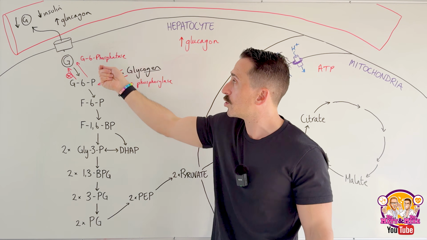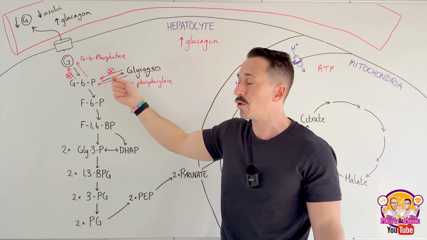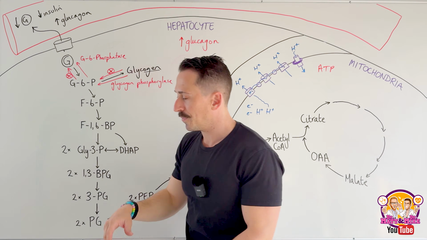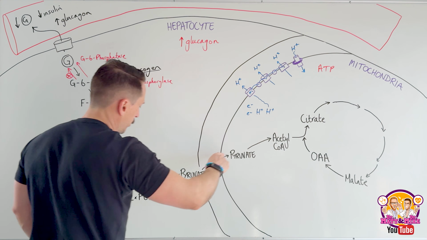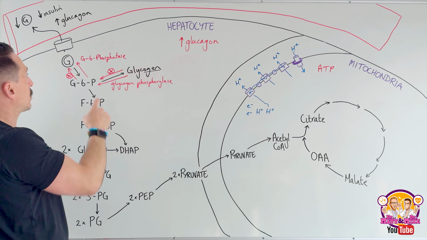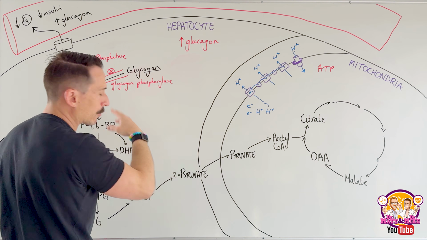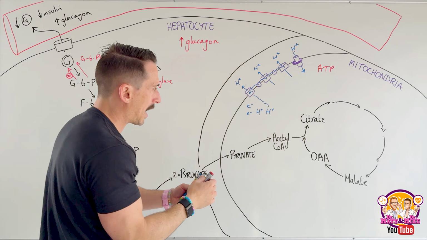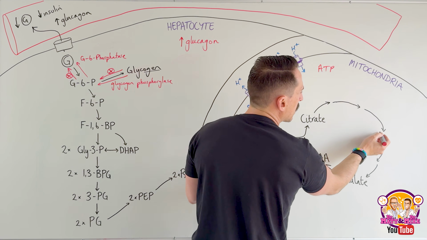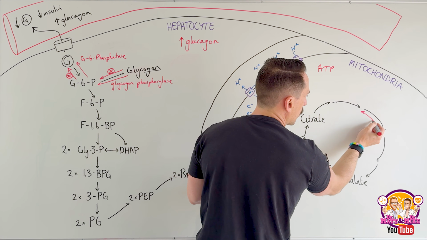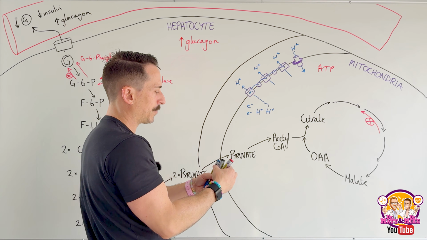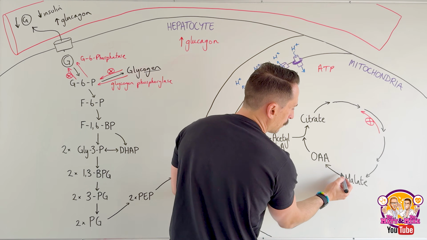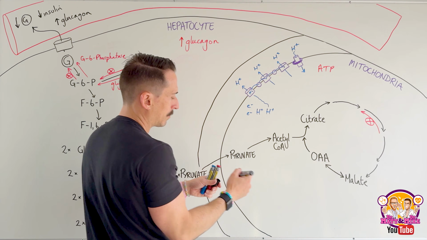The liver still wants to try and re-establish normal resting blood glucose levels. So what do we do? Well, you could go, easy, let's just turn this whole thing in reverse. The goal is to make glucose. Well, if we turn it backwards, we'll make glucose. Well, if we had a look at that, what you're going to find is that some of the steps of the Krebs cycle are irreversible. So we can't really just turn the Krebs cycle backwards, right? Oxaloacetate, that can go backwards to malate. That's cool.